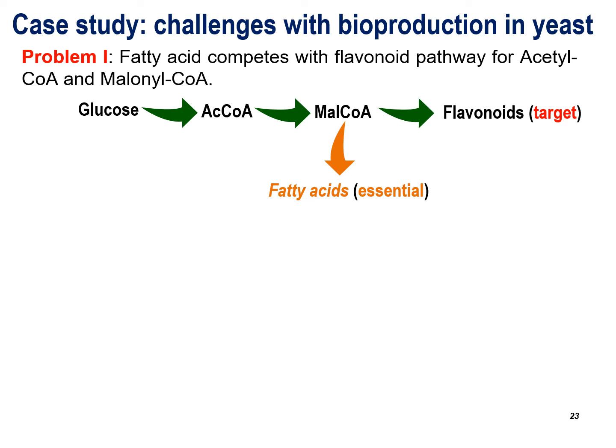For example, here we try to produce flavonoids from the same yeast, Yarrowia lipolytica. We know this yeast will make lots of fatty acids, but we cannot knock out the fatty acid biosynthetic pathway, because fatty acid is essential for cell membrane biosynthesis. So how do we deal with this competing metabolic flux, because both flavonoid and fatty acid derive from malonyl-CoA?